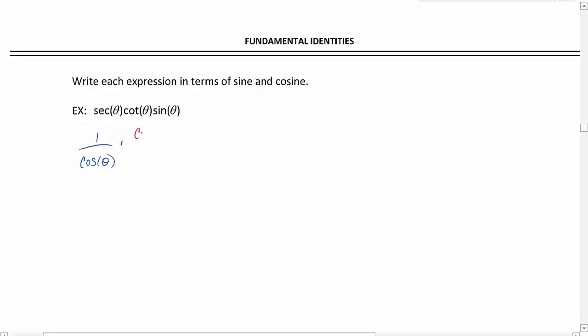Cotangent is cosine of theta over sine of theta. And then we have times sine of theta. I'm just going to put that over 1 so everybody's a fraction. And now we want to simplify as best we can. Notice that cosines cancel out and sines cancel out. We're actually left with just 1.